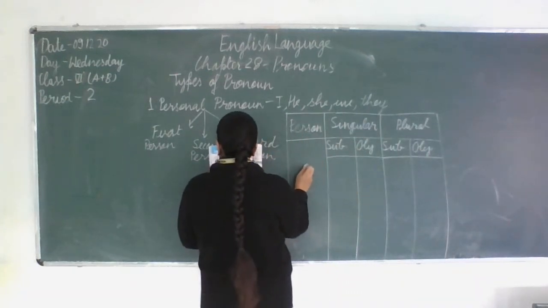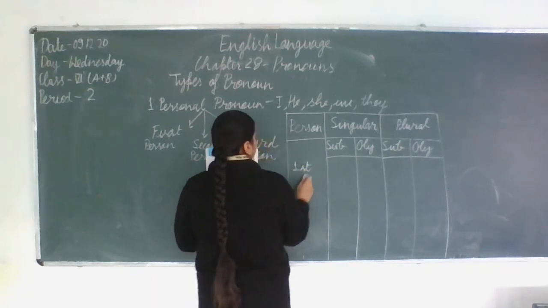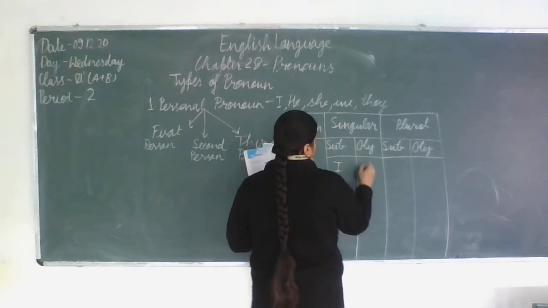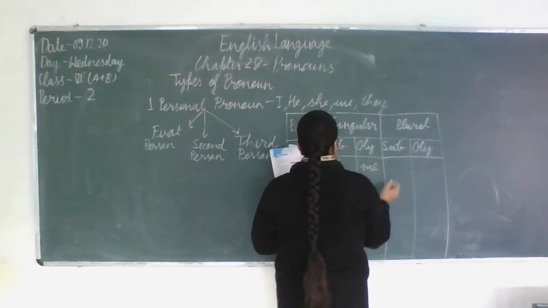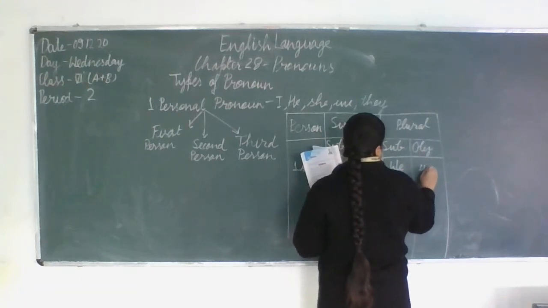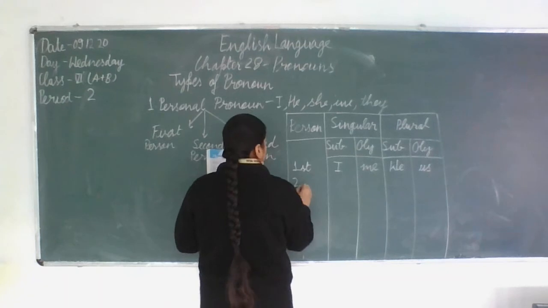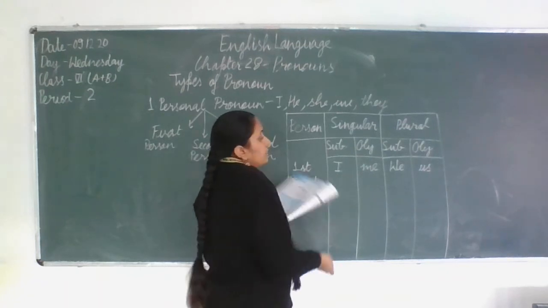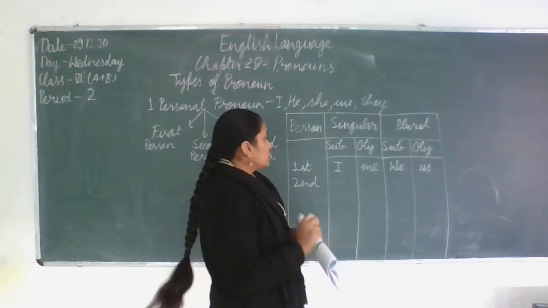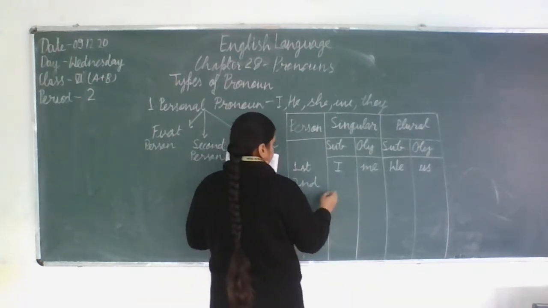Now here in the person, what would be the first person in the singular? I. For the object, me. In the plural, it will be we, us. Whenever I am talking about the first person, I am talking about myself, so it will be I. The second person, you.